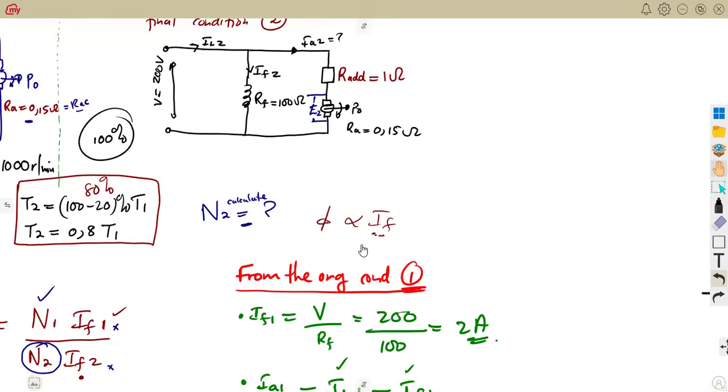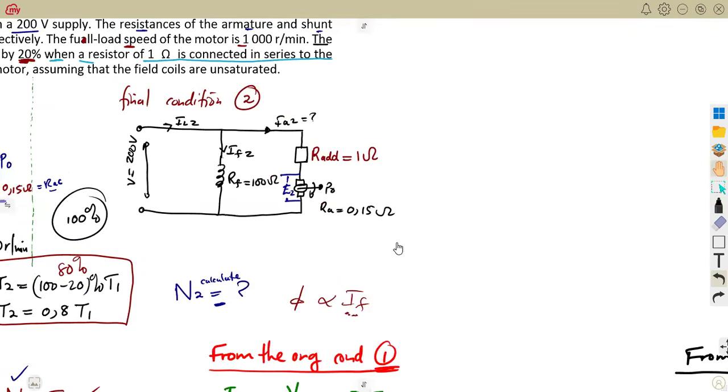All right, this is the final condition. Looking into our diagram, we can see that the field current can be calculated. Guess what? Because it is the same, guys, we just have the voltage in, which is affecting in parallel. This is the same voltage. So we are going to have what? V over RF. Nothing has changed there.